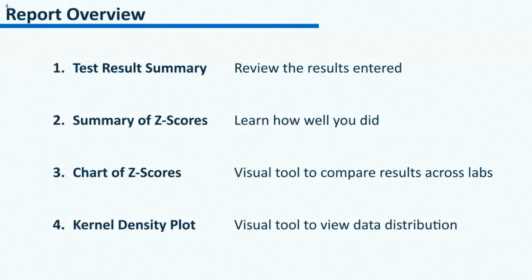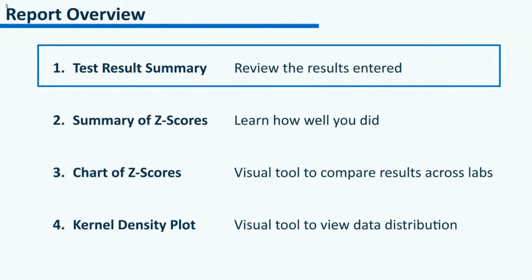The report has 4 parts: test results summary, summary of z-scores, chart of z-scores, and the kernel density plot. You could review your results submitted in the test result summary. You could find out how well you did in the summary of z-scores. The chart of z-scores and the kernel density plot are provided for better visual comparison of the results across labs.